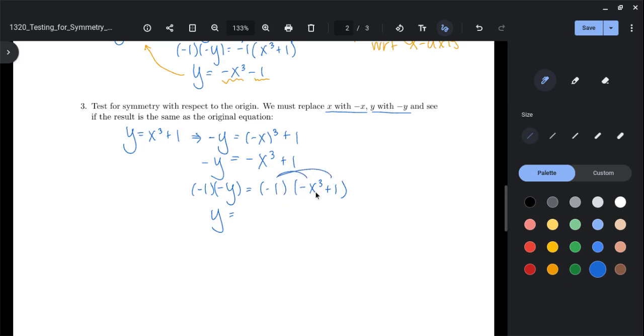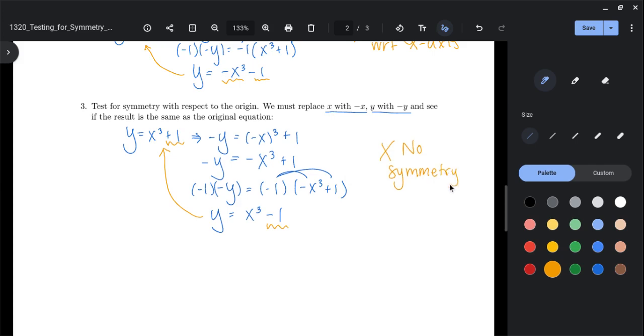Negative 1 times a negative x cubed is a positive x cubed, and negative 1 times positive 1 is negative 1. Well, now, if we compare what we got to our original equation, we have positive y, we have positive x cubed, but we have a negative 1 instead of a positive 1. So in this case, there's no symmetry with respect to the origin.